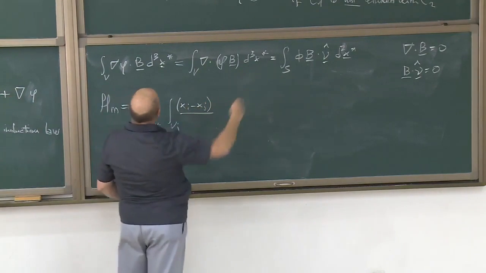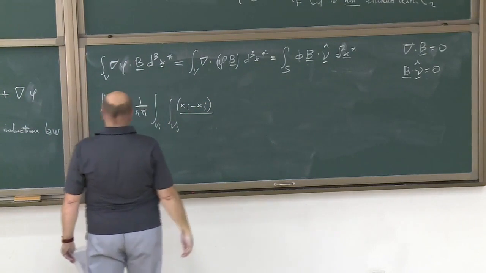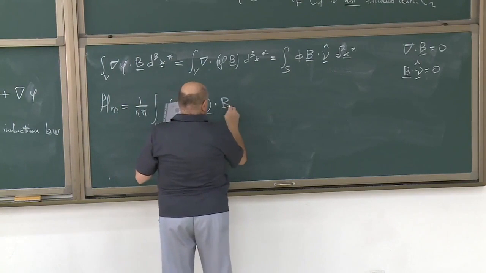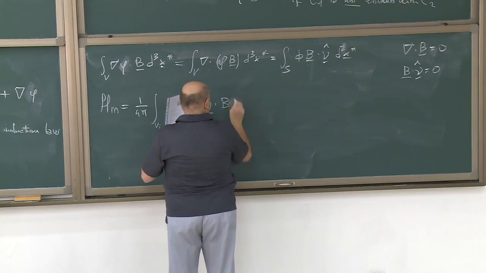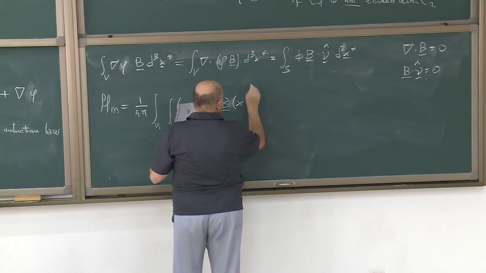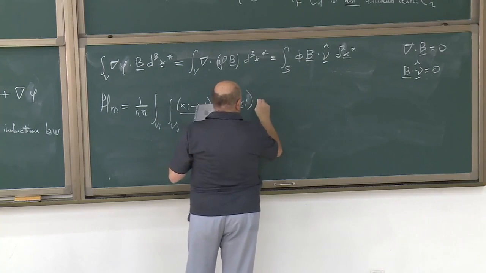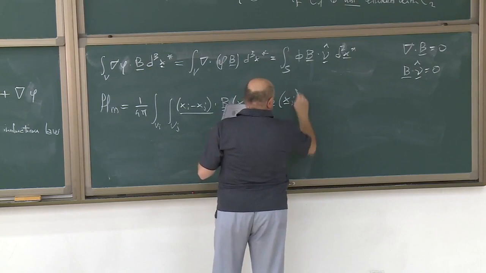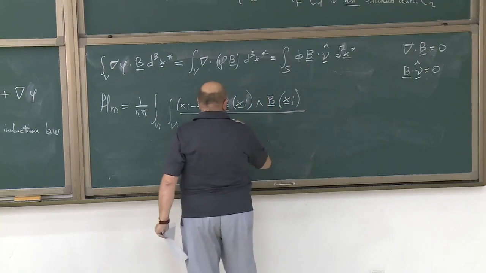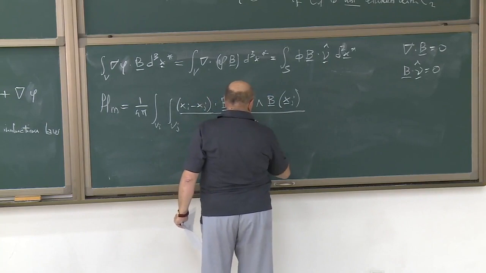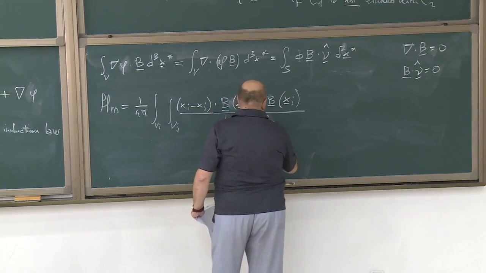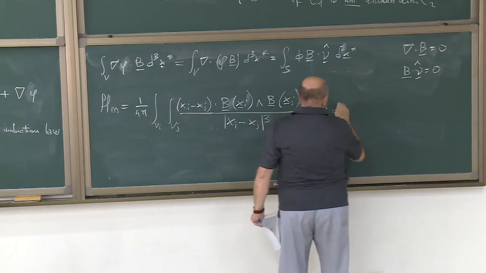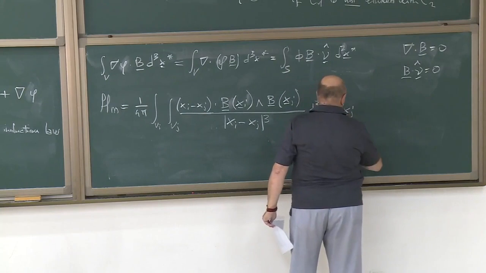And if I'm generalizing this to a number of these flux tubes linked to one another, then I have B(xi) wedge B(xj) divided by |xi minus xj| cubed, d3xi d3xj.